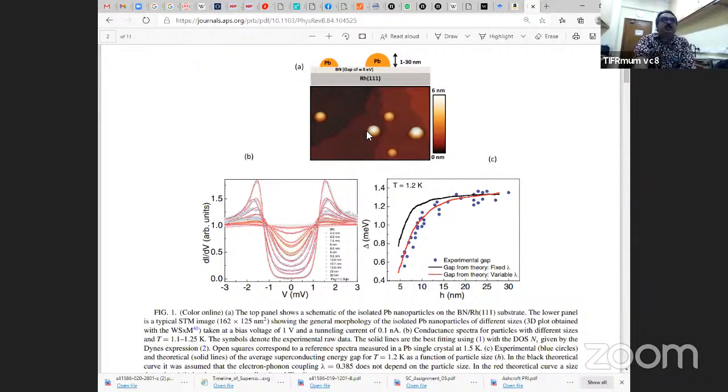Here you cannot measure Tc because on such a small particle there is no way you can make 4 contacts and measure resistance directly. You have to measure the gap and infer from the gap. And then your gap crashes to 0. So this is where you have the Anderson criterion: the Kubo gap has become larger than the superconducting gap.